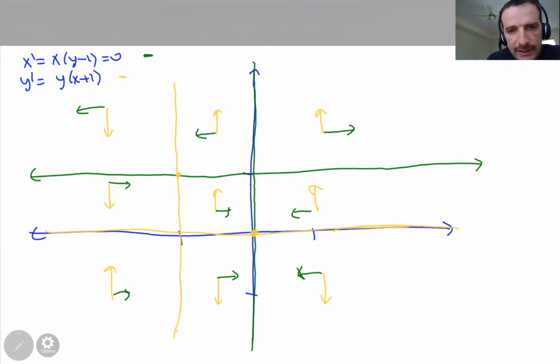And if you look at the part over the origin, the direction of the arrows is going up. So our arrows for the solution are going this way here. And here it's going this way, because look at the arrows, it's going down.